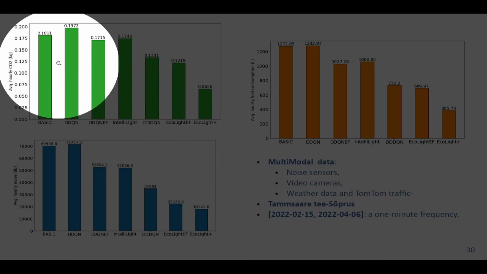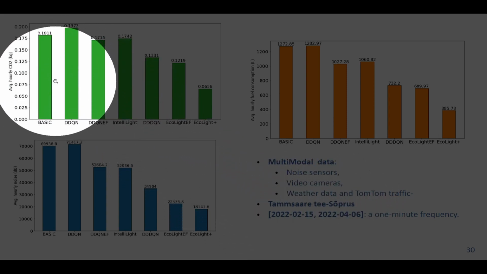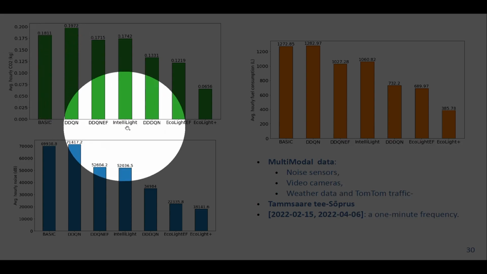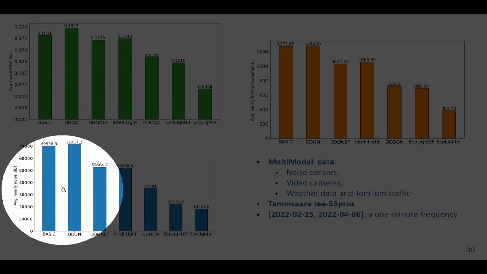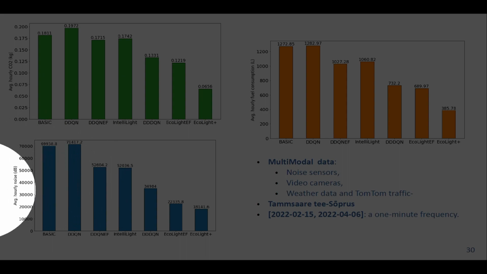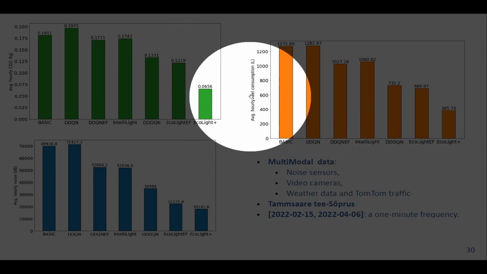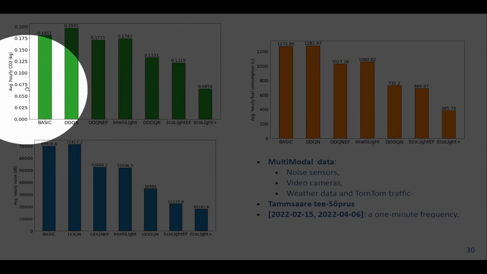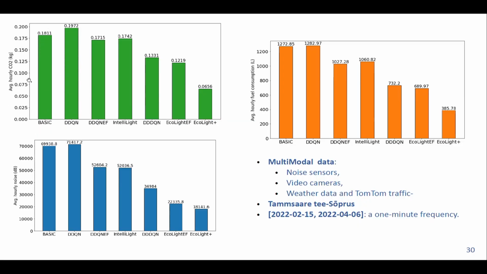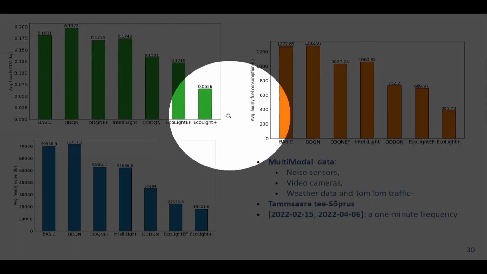So if you consider the green one, it's the first one, the second one, the blue one, is the noise. The third one is about fuel consumption, and what this one should be, CO2 emission. So in terms of CO2 emission, what we are showing is that this was Ecolite.